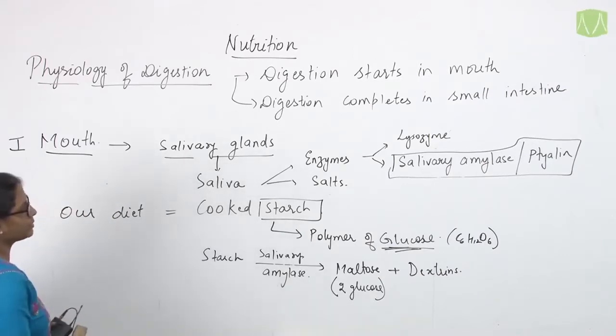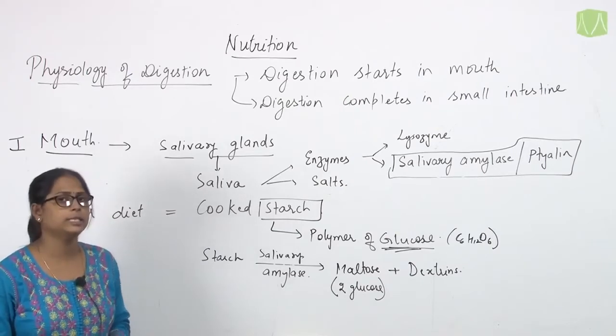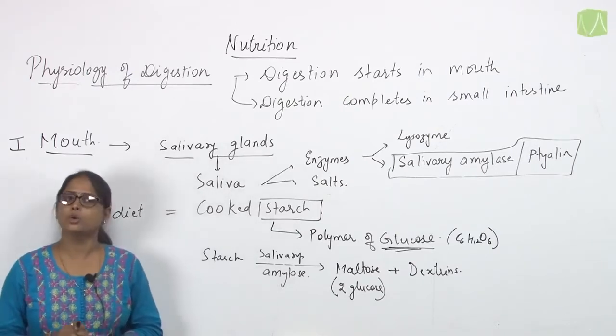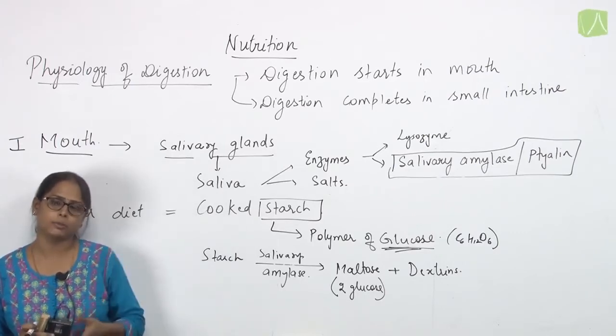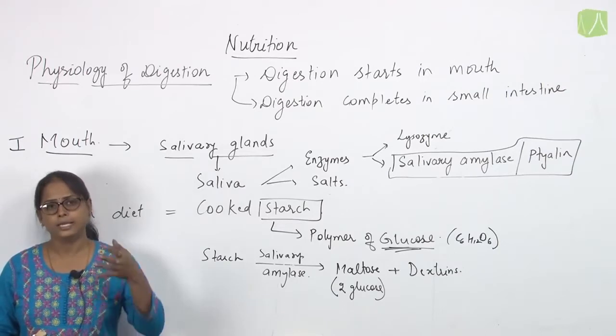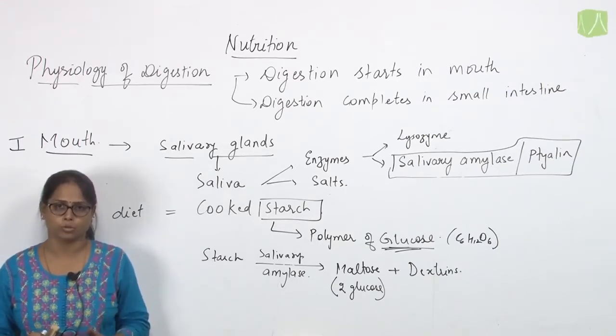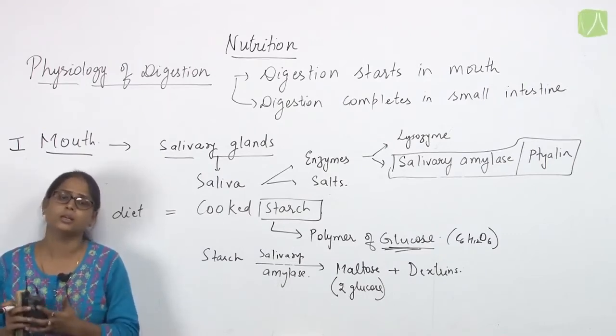In the esophagus there is no digestion, only peristaltic movement, through which the food bolus enters the stomach from the mouth. So the esophagus just helps in pushing the food bolus down into the stomach.